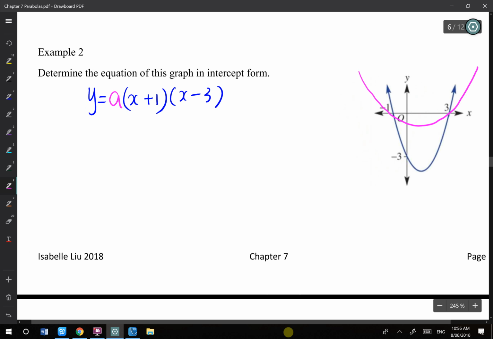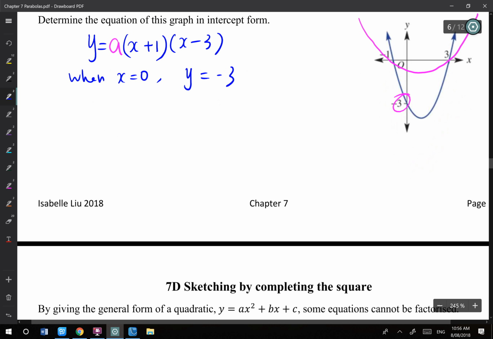So that's why I have this y-intercept here. When x equals 0, y equals -3. So -3 equals A times 1 times -3.